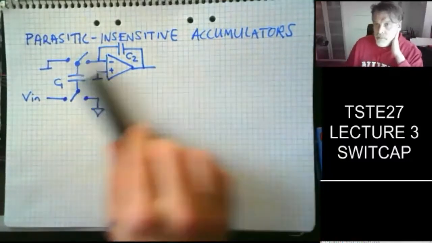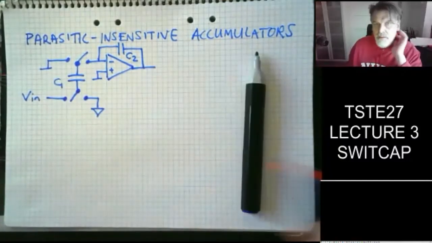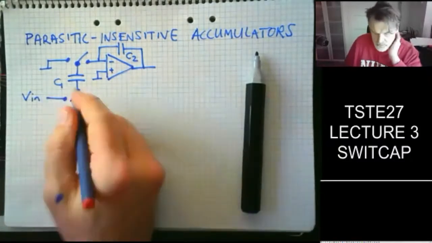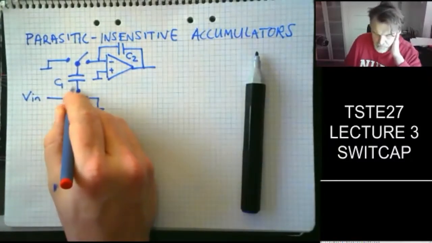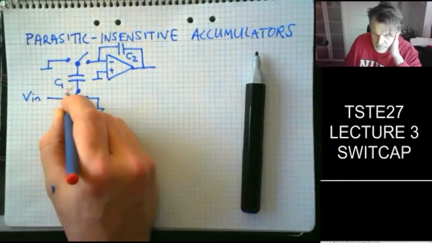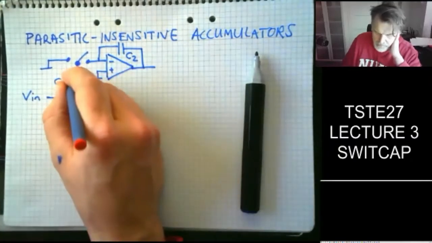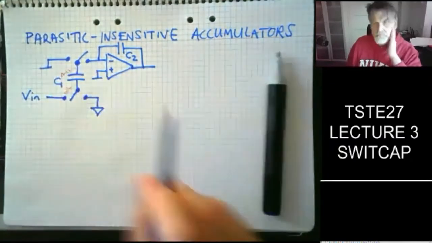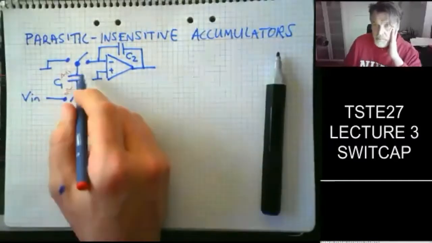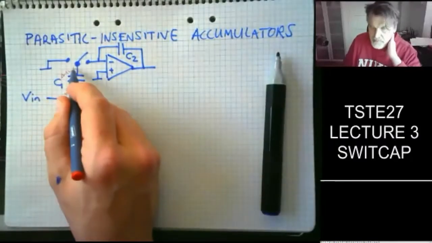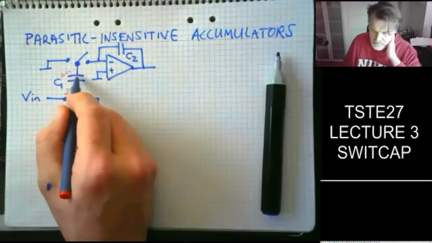Okay, so why is this parasitic insensitive? Well, assume I have a capacitance from this node up here to this node. That might be difficult to see on the video here, but I do have a capacitor here connecting to this side of the plate.